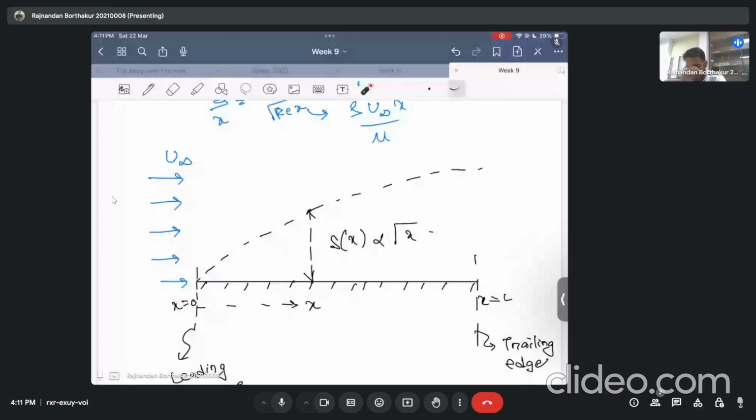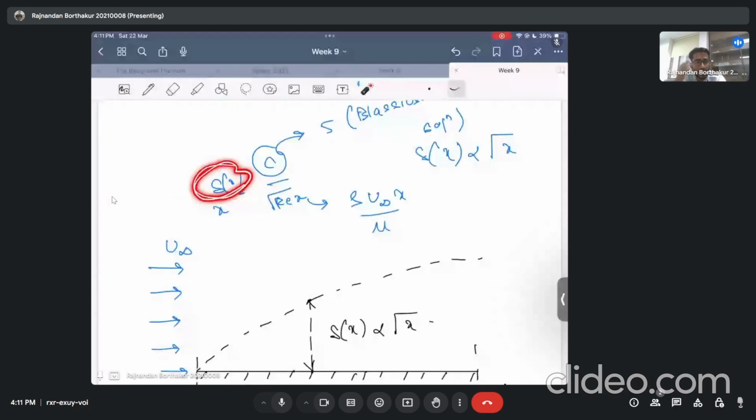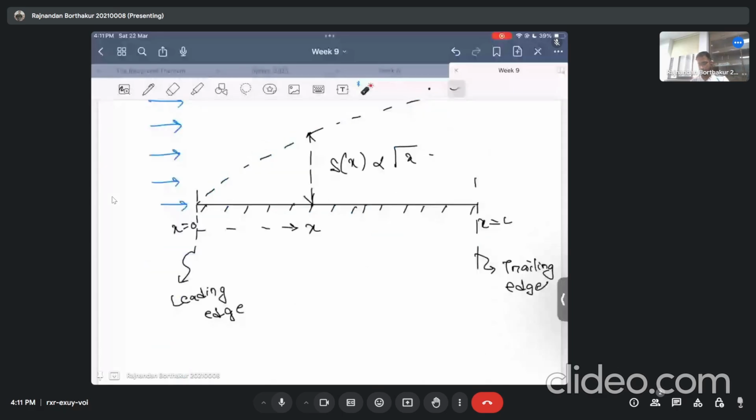And as I said, the boundary layer thickness using the momentum approach is a strong function of what velocity profile you choose to write your boundary layer equations. Okay, and I believe this is all behind the famous boundary layer theory.